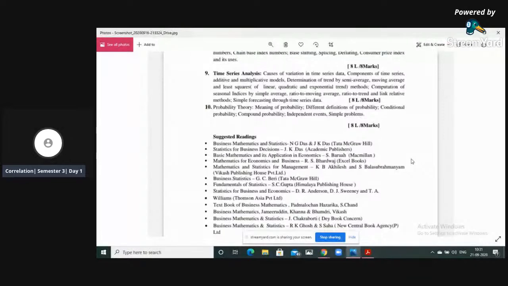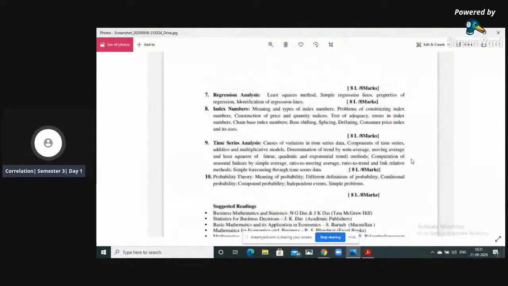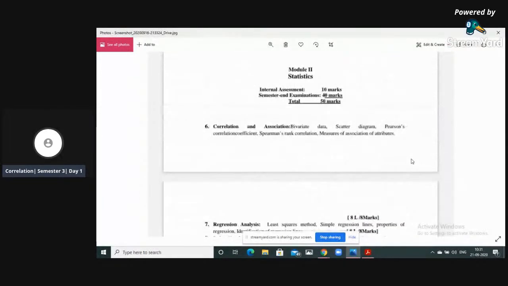For your reference, you can refer to the following books. I will be basically teaching you the statistics portion, the module 2. So we will be starting with chapter 6, correlation and association.